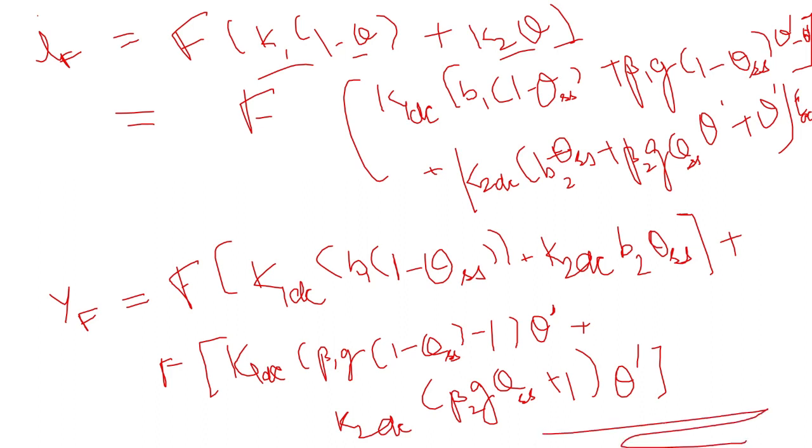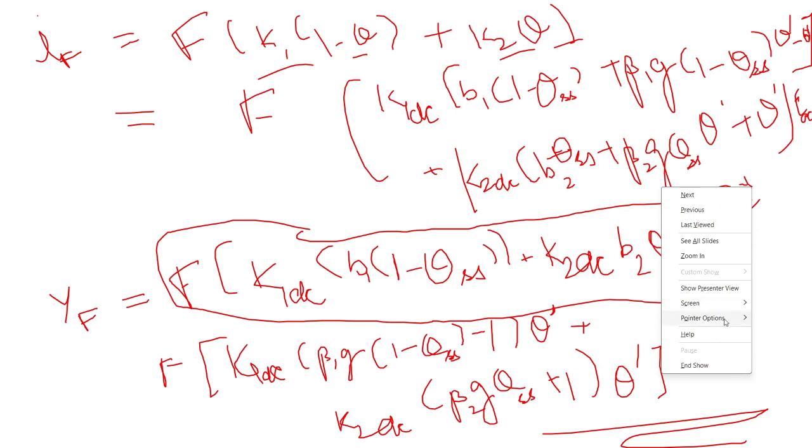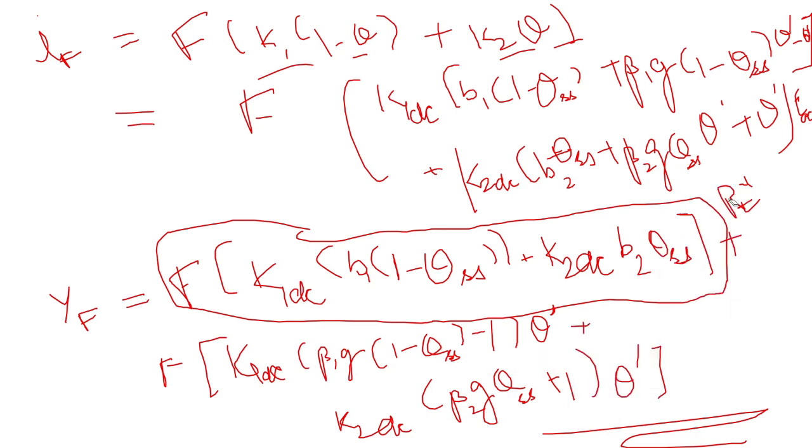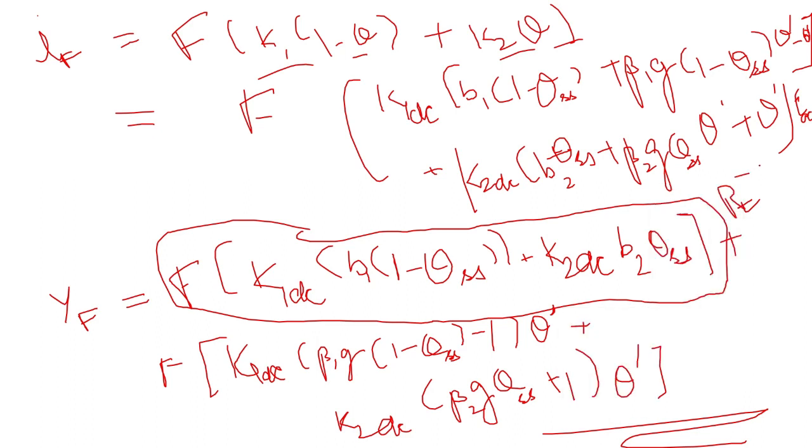So this is the final admittance equation, and this part is attributed to the resistance to charge transfer. In case you want to find the resistance to charge transfer in the Frumkin model, you have to use this equation. Please make a note of that. This is R_T inverse, not R_T, R_T inverse.